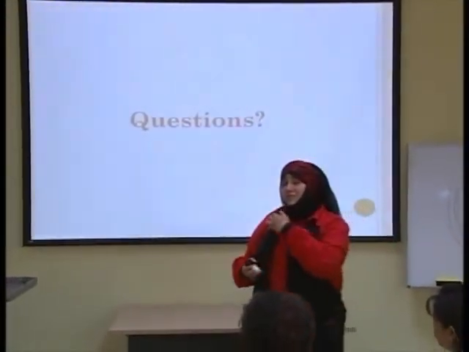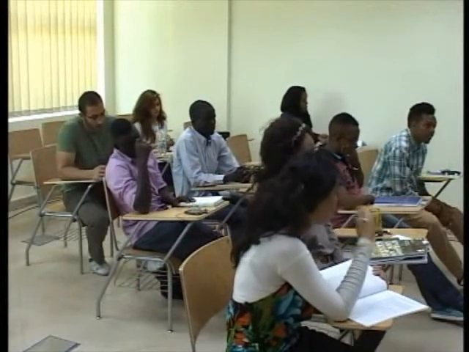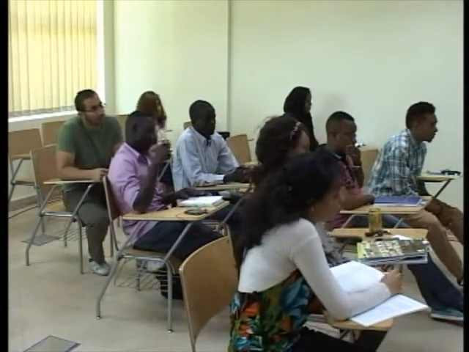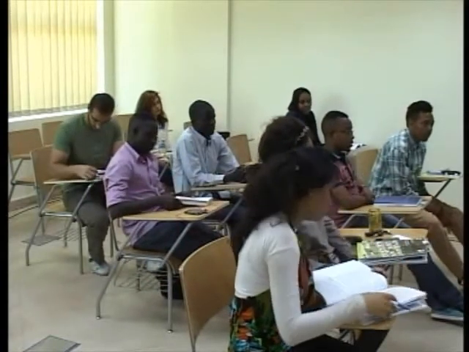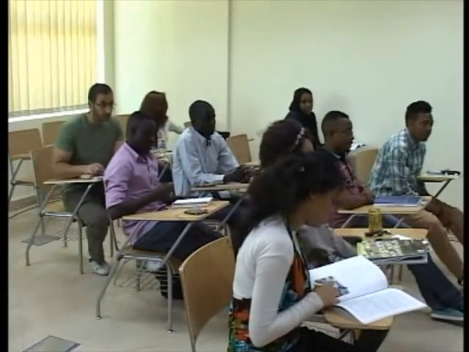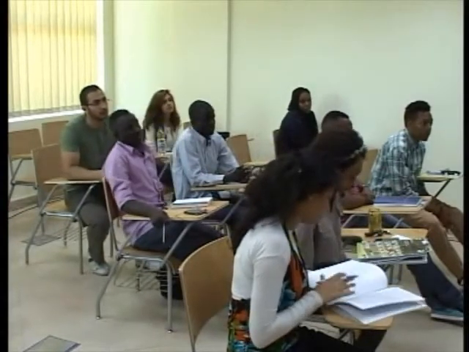Done? Questions on session 2? Any questions? So in session 2, what did we cover? Session 2 is mainly about what? Marketing environment. Excellent. Now you understand what we mean by marketing environment?